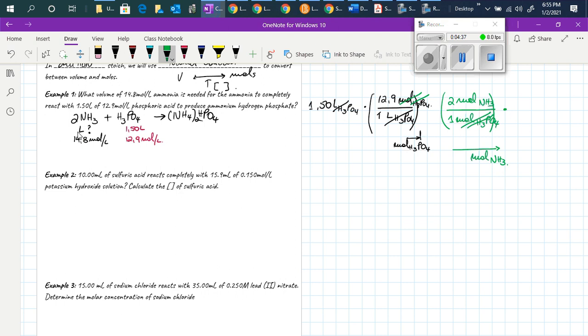And ammonia has a concentration of 14.8 moles per liter, which means that in 1 liter you have 14.8 moles of ammonia, and they are all ammonia.